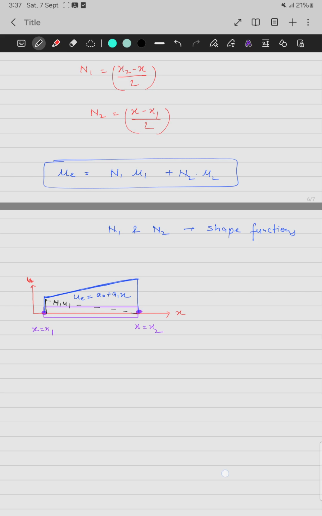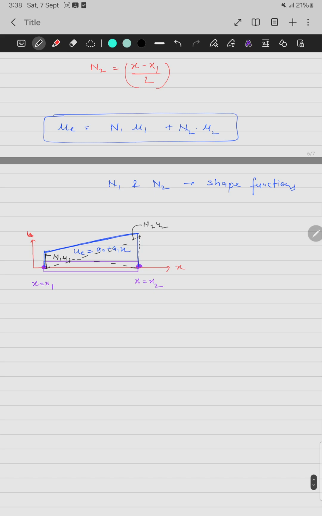We have another shape function, n2, which has its maximum value at node 2 and a value of 0 at node 1. This line we can say is n2 u2, and the other linear line is n1 u1.